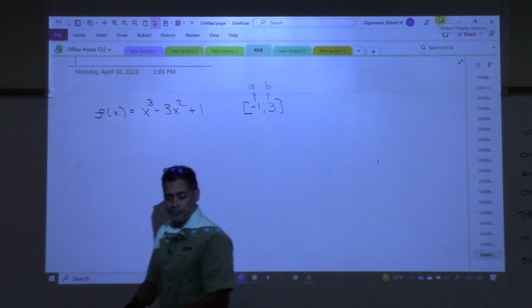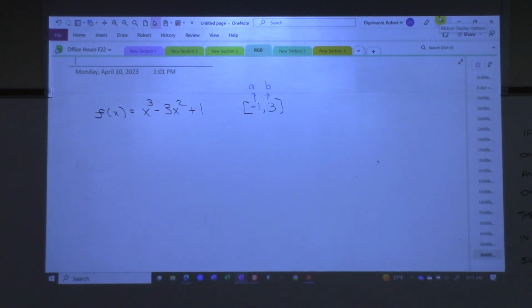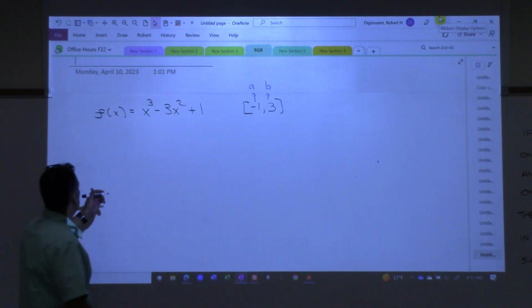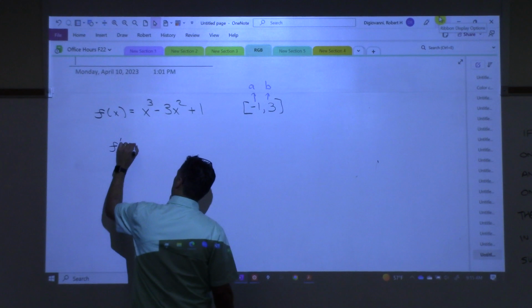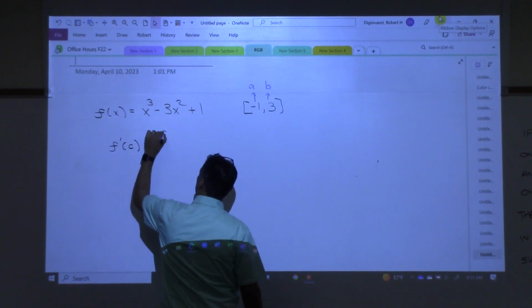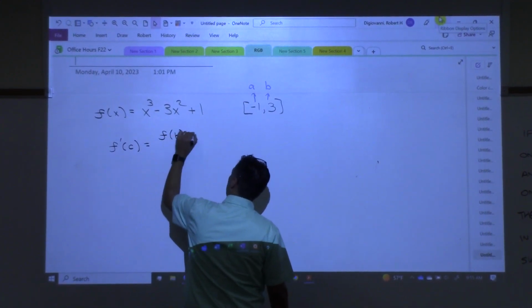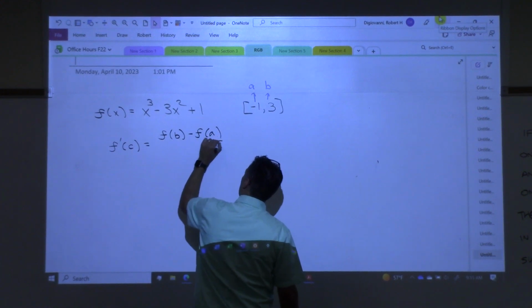And now I'm going to go straight to the mean value theorem. We already know it's continuous. We already know the derivative exists. All that's still good, right? So we should have that the derivative at some value c that I don't know should be equal to f of b minus f of a over b minus a.